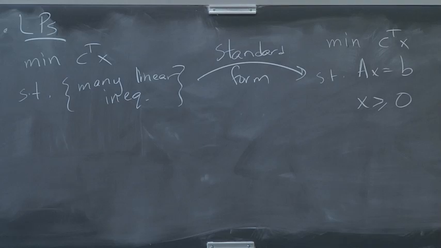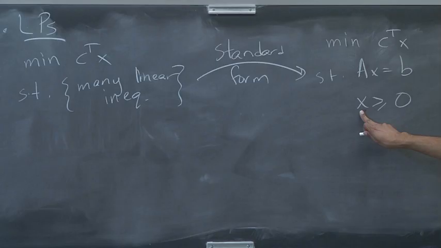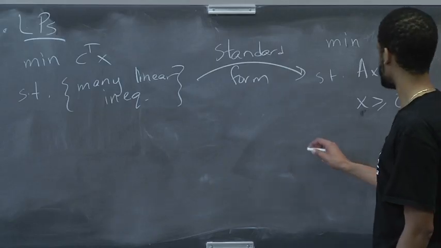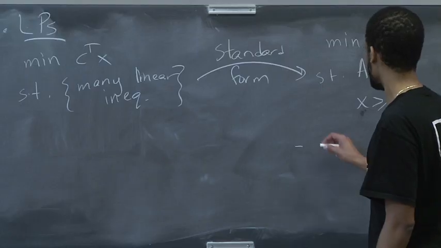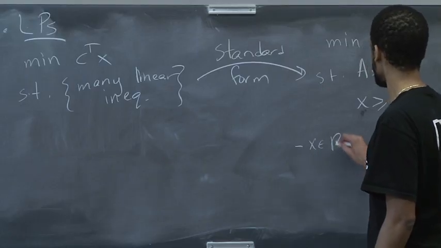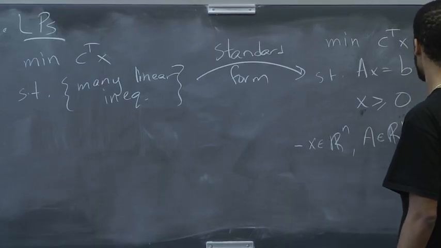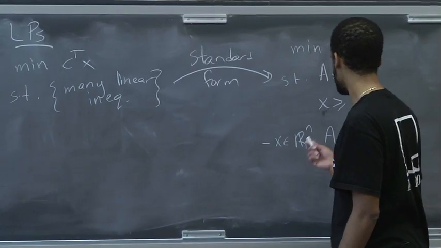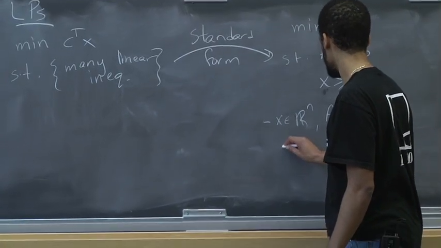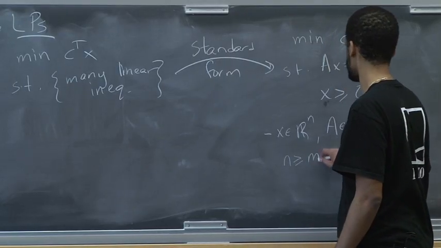This is a vector, so what I mean here is that coordinate-wise it's at least 0. Here x is an n-dimensional vector, A is m by n, and n is at least m.